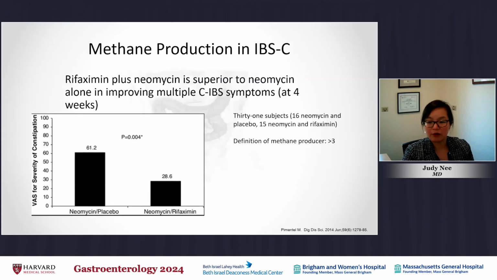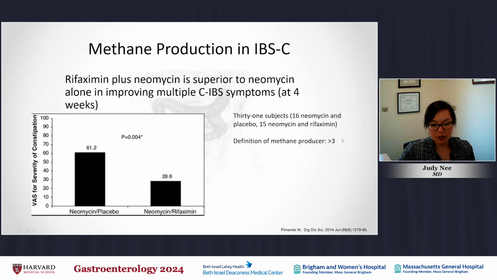What evidence do we have for treatment? Methane production in IBS-C was studied in this very small study in 2014, 31 subjects given neomycin and placebo versus neomycin and rifaximin. And so what they found was looking at the severity of constipation, this improved in the neomycin and rifaximin group. It was superior to neomycin and placebo.